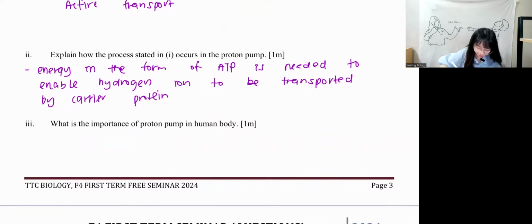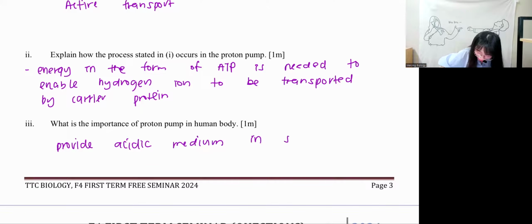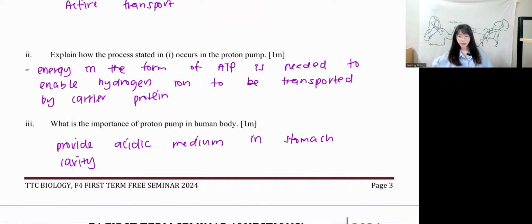So you're going to write: to provide acidic medium in the stomach cavity. So, provide acidic medium for the stomach cavity.